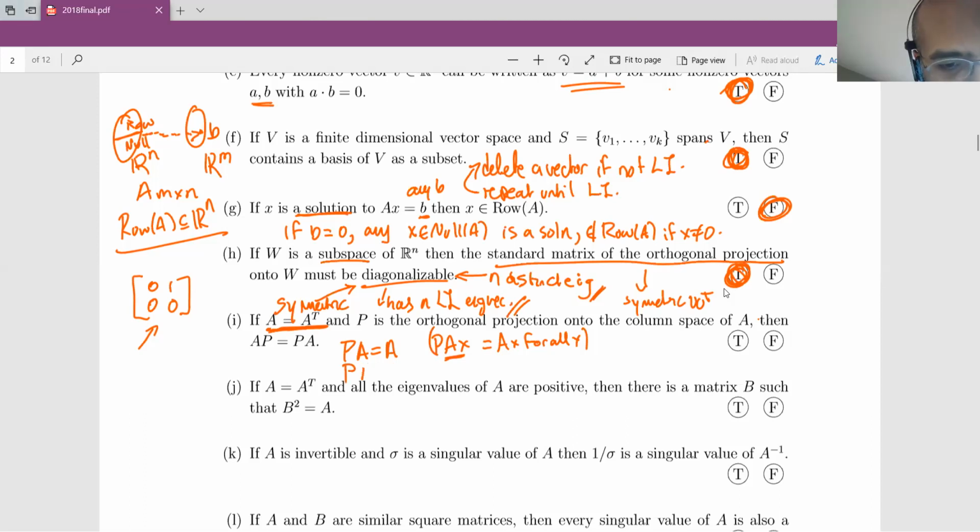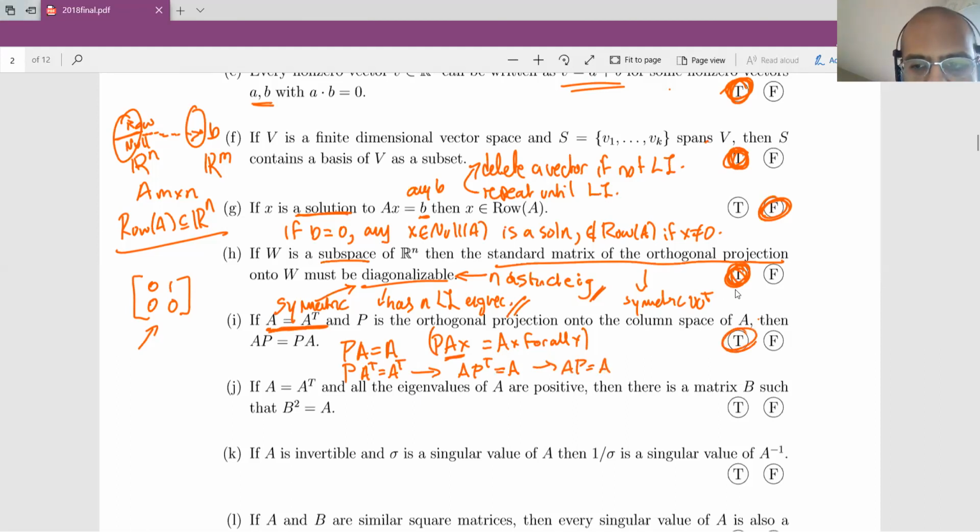So you have (PA) transpose equals A transpose because A equals A transpose. And when you take the transpose of this, you get A P transpose equals A, but P is symmetric, so that means AP equals A.